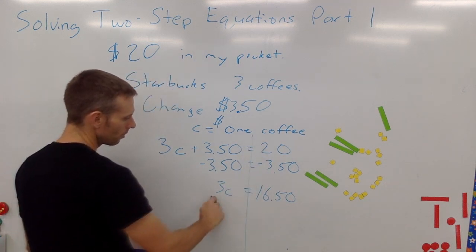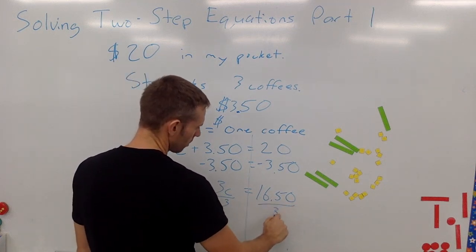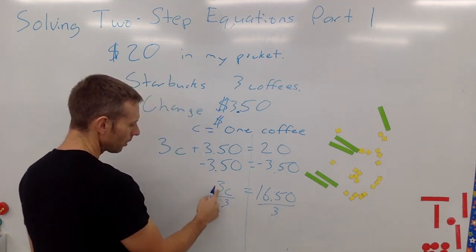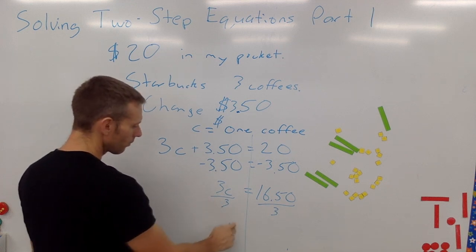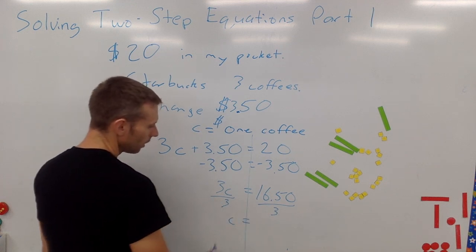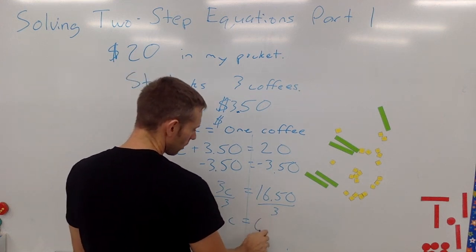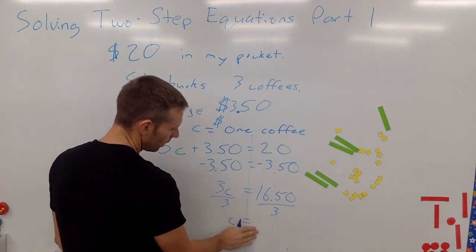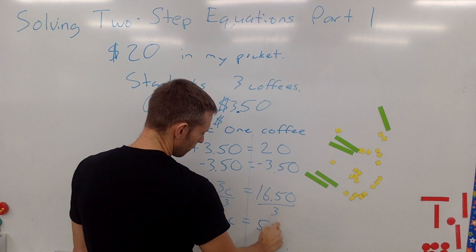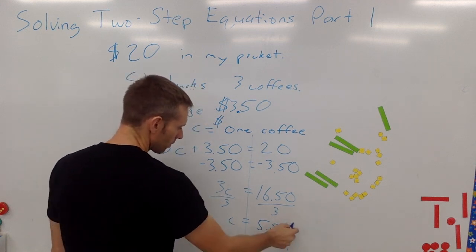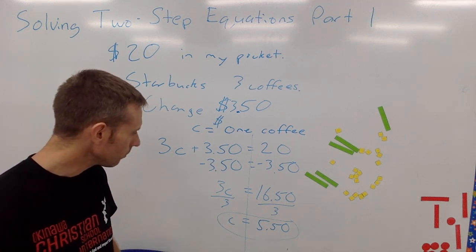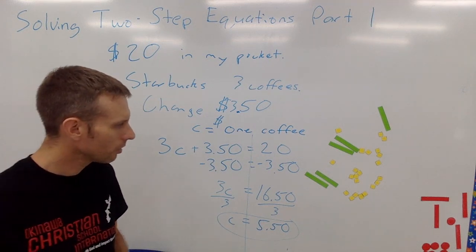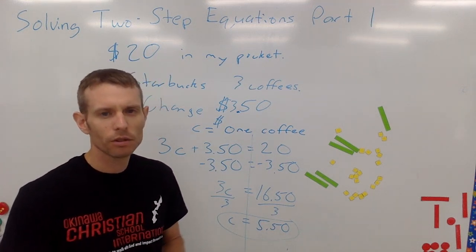Now I'm going to divide both sides by 3. C is being multiplied by 3, so the inverse operation is dividing by 3, and I get C by itself. Over here, I get $5.50 as the cost of each coffee. So C equals $5.50.